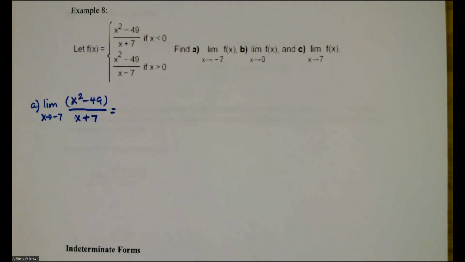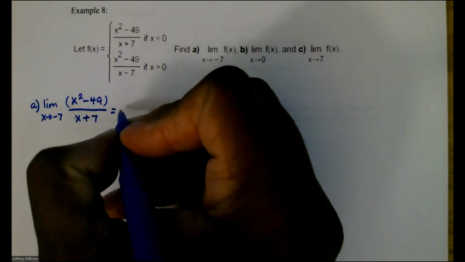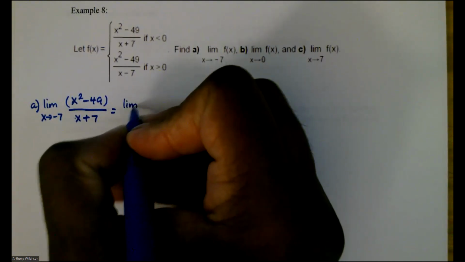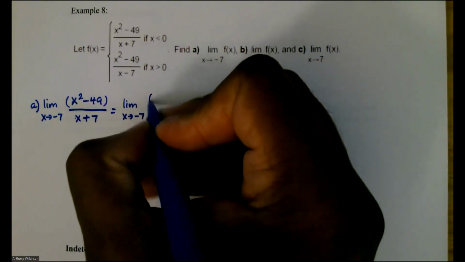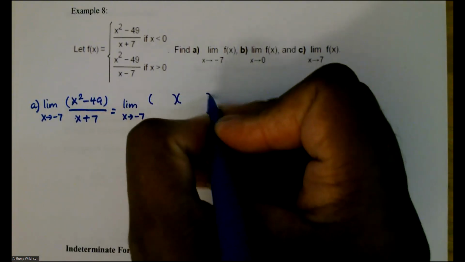So that means here we need to factor the numerator, if we can, because x squared minus 49 is the difference of two perfect squares, which I can factor into two binomials.